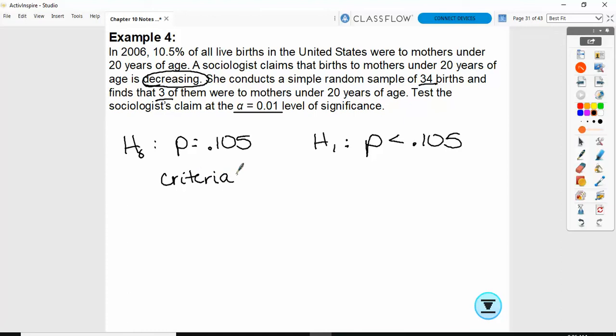So we have to check our criteria. My n is what? 34. p is 0.105, and 1 minus 0.105.